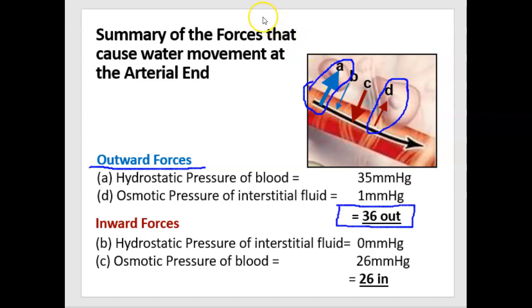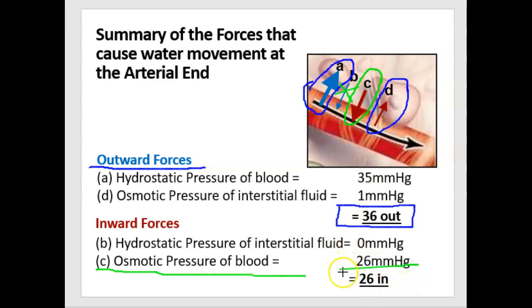But there are also inward forces, of course, and the inward forces include the hydrostatic pressure of the interstitial fluid, which is basically negligible, none, and then the osmotic pressure of the blood due to the presence of albumin. And that's a large consideration.